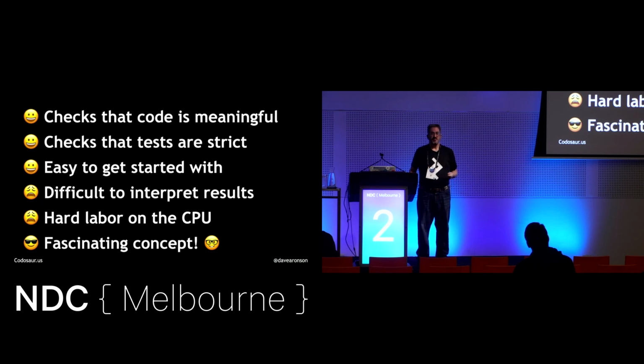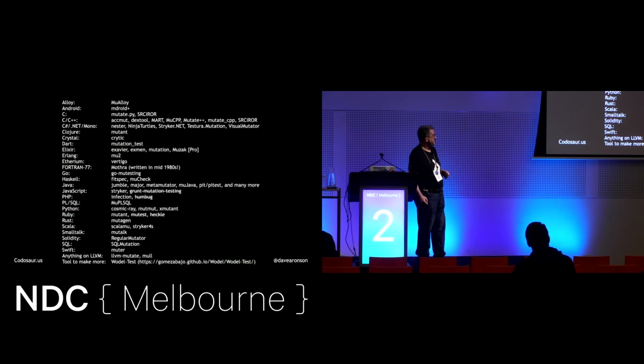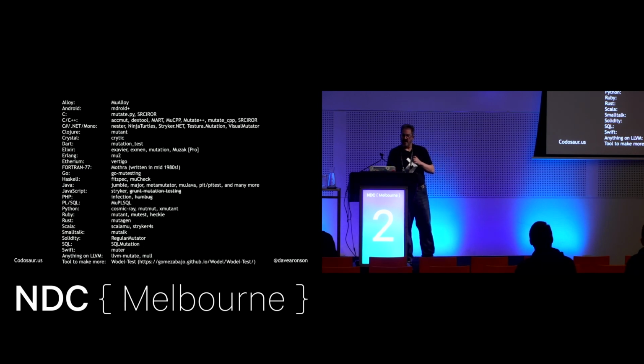If you'd like to try mutation testing for yourself, here's a list of tools for some popular languages and platforms and some other ones. I doubt many of you are doing Fortran 77 these days. Just be aware that many of these are outdated. I don't know or follow quite all of these languages and platforms, let alone the tools, but the ones I know are outdated are crossed out.